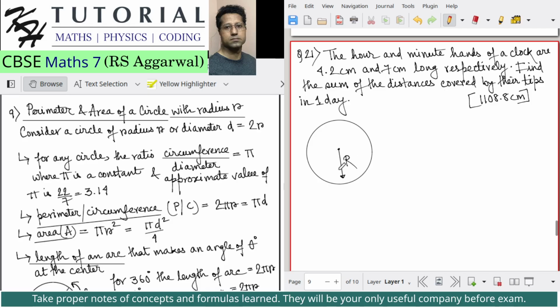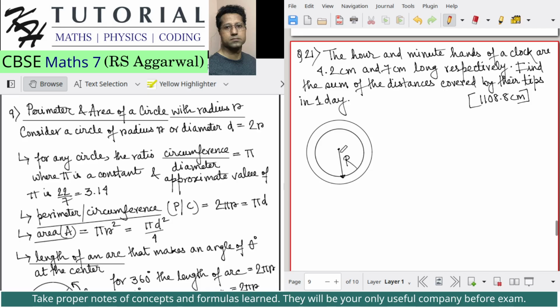So when it is moving, it is forming a circle like this. The problem is asking to find the sum of the distance covered by the tips in one day.